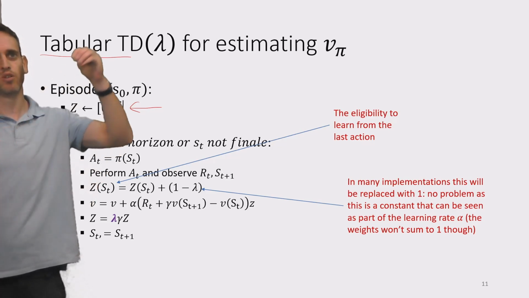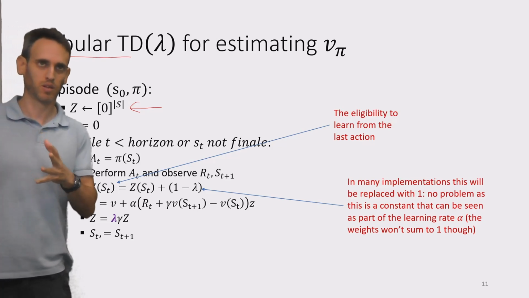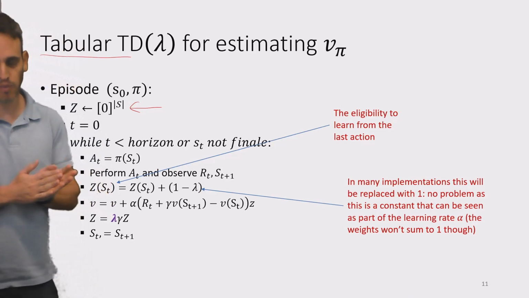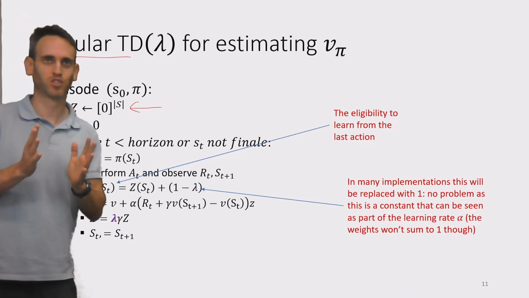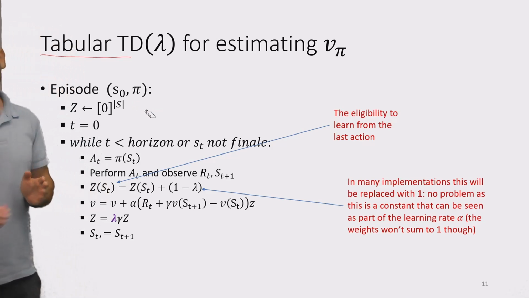There is one value for each state in our state space, right? So this is only applicable in the tabular setting. We'll see the changes that we need to make for the approximation case in a second.